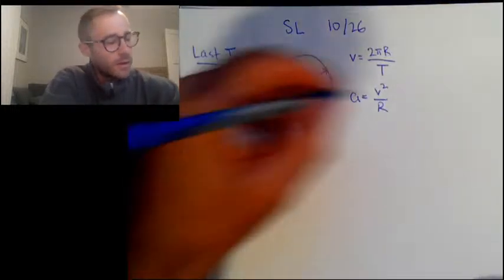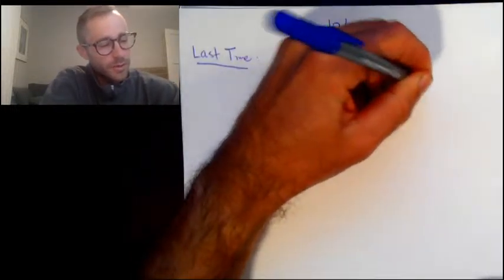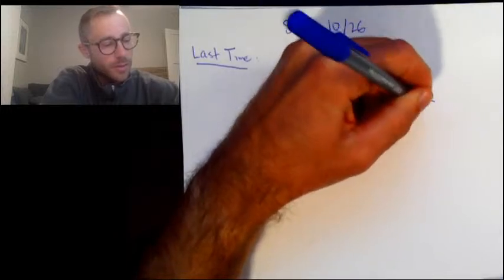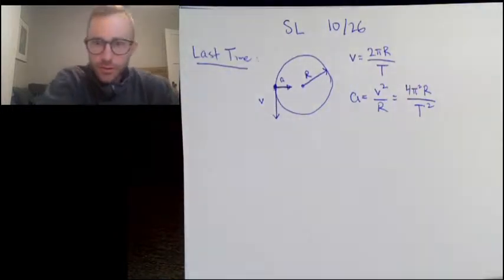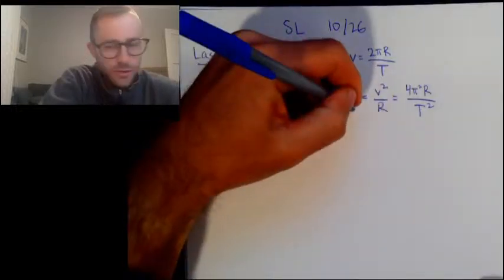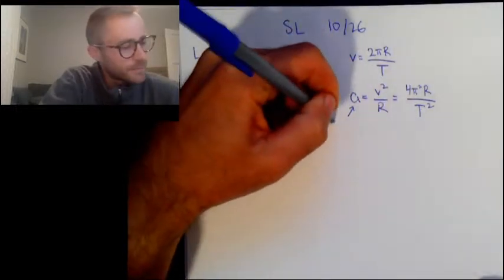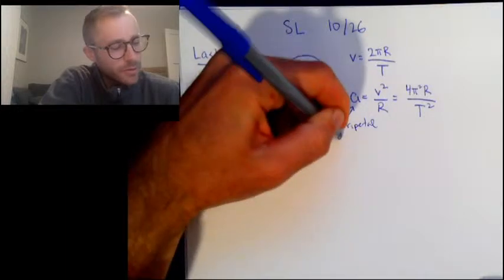There was an alternative equation, which is 4 pi squared r divided by period squared. These both give the same numerical answer, just in terms of different variables. This was called the centripetal acceleration.